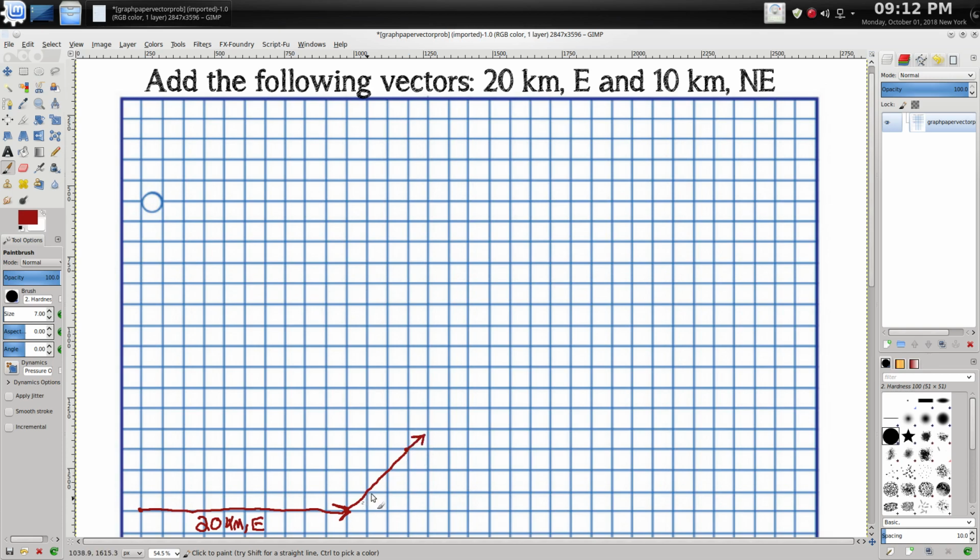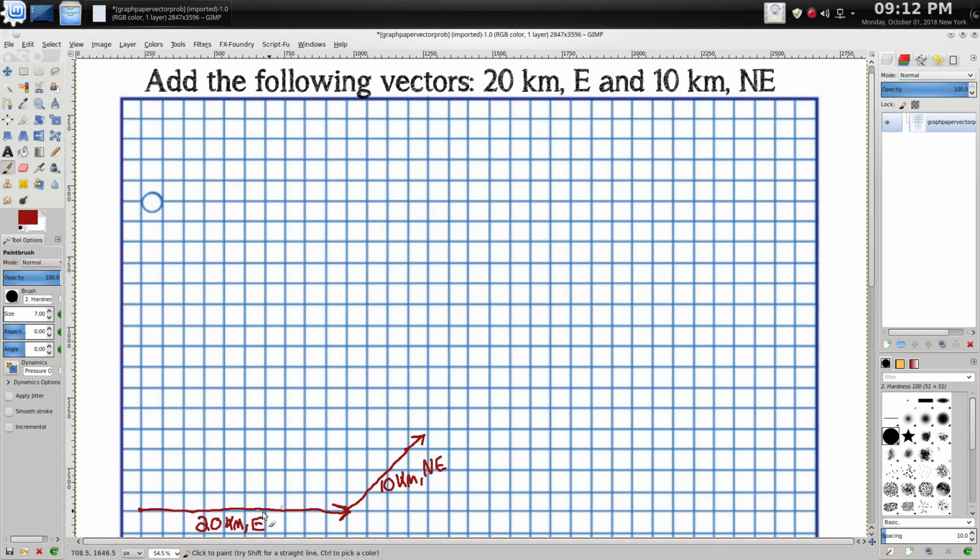All right, so this measurement here, now once again, this is not to scale. This is just for eyeballing purposes, just so we can get it set up. This diagonal is 10 kilometers north of east.